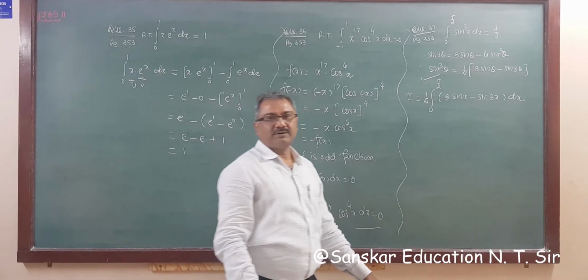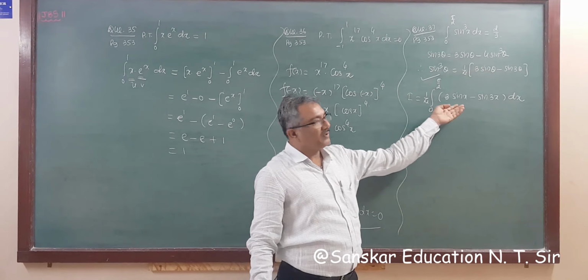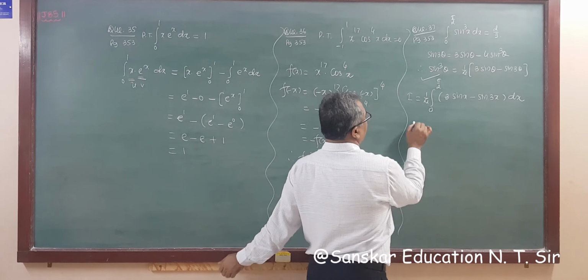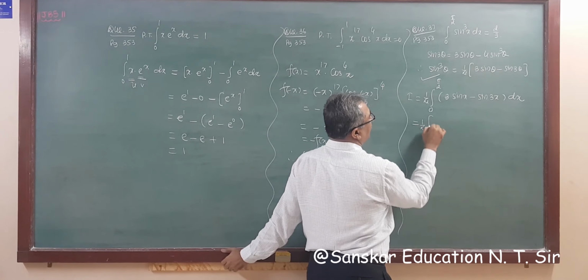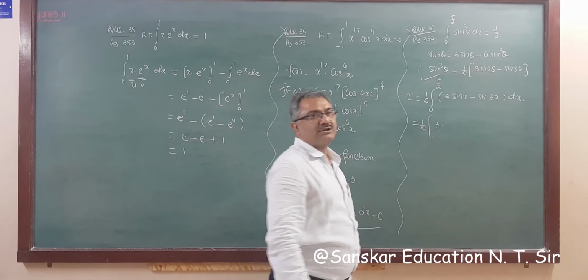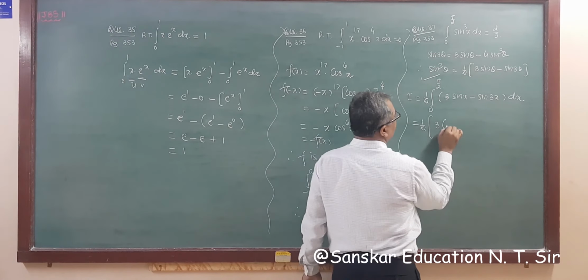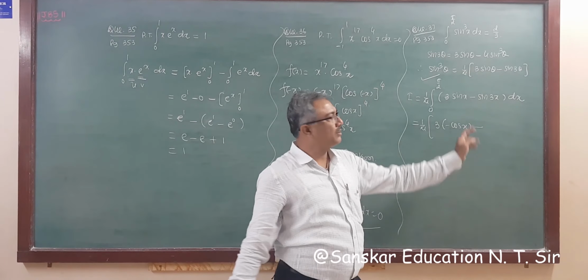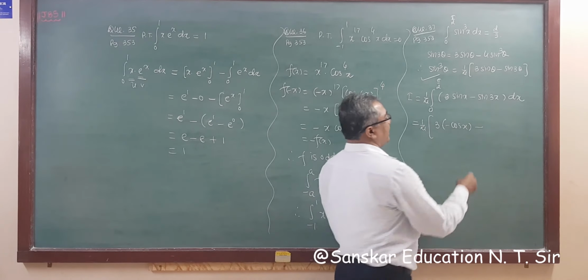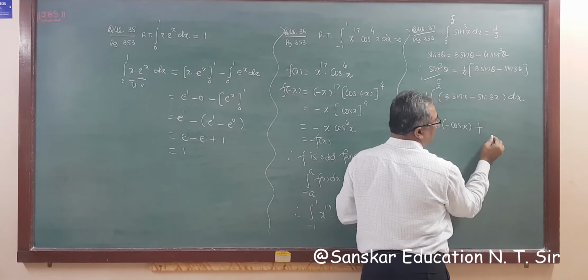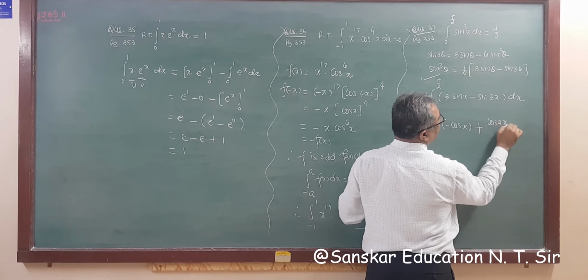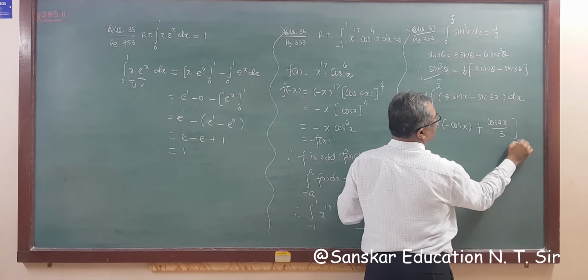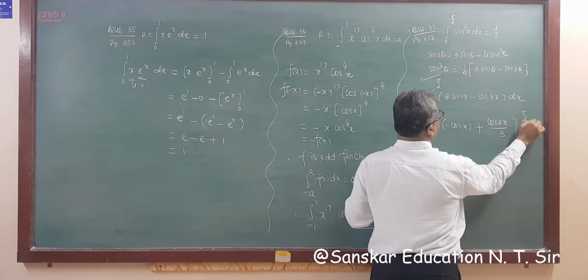Now integrating this, we get 1 upon 4. 3 is a constant, and the integration of sin is minus cos x. So the answer will be minus 3 cos x, minus the integration of sin 3x, which is minus cos 3x divided by 3; minus minus is plus, so plus cos 3x by 3, and the limit is from 0 to pi by 2.